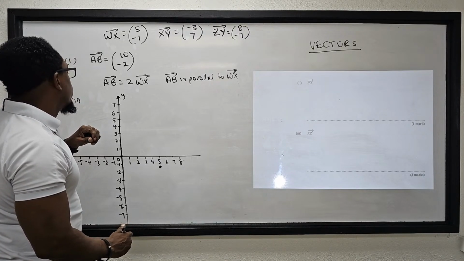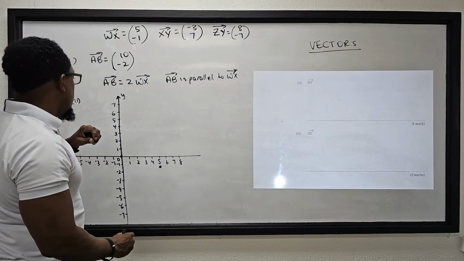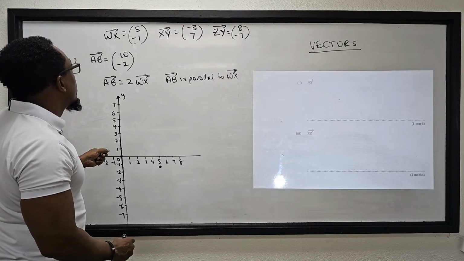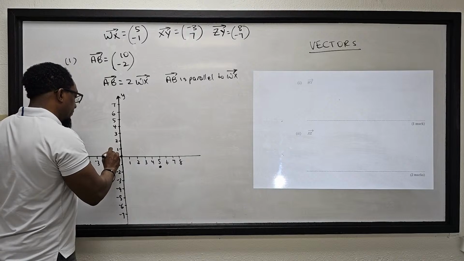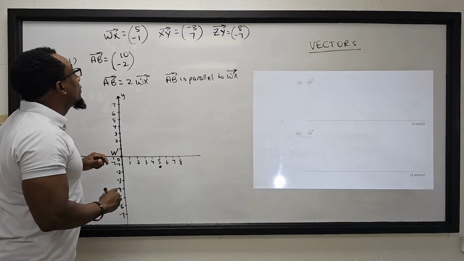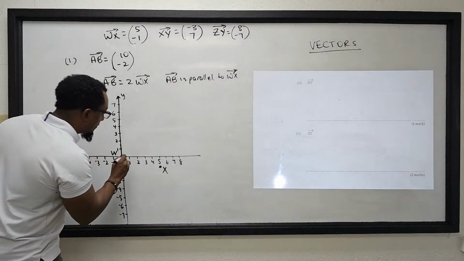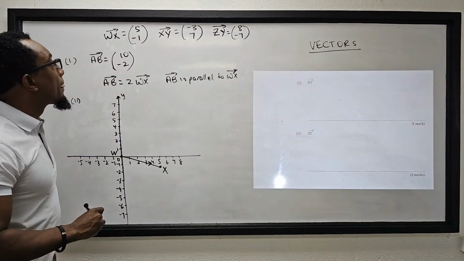I'll put this as W and X. So this is my position vector, this is my vector Wx.